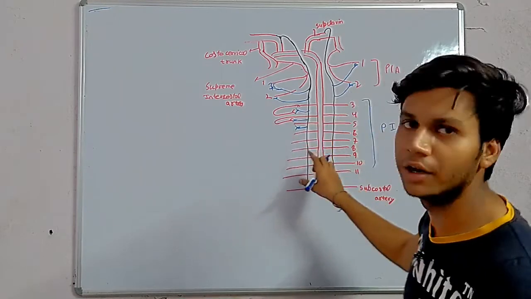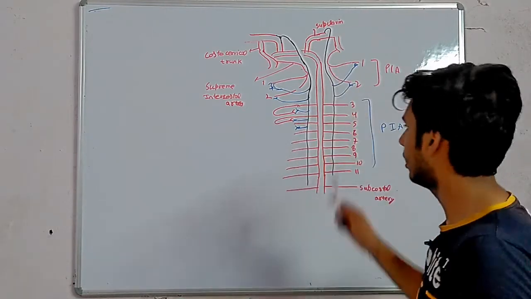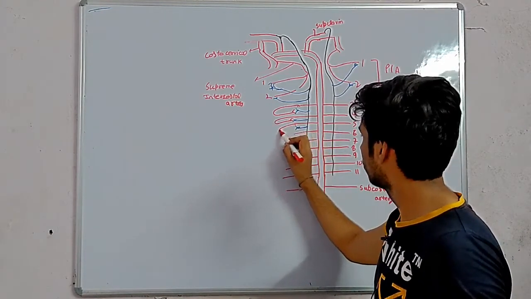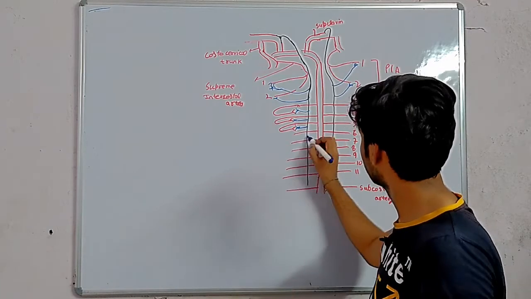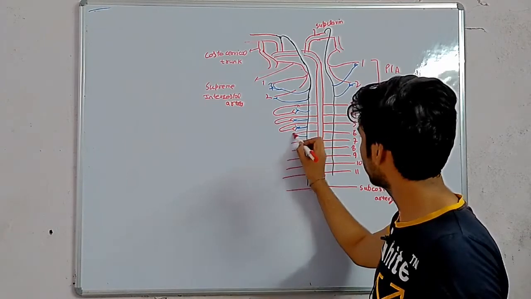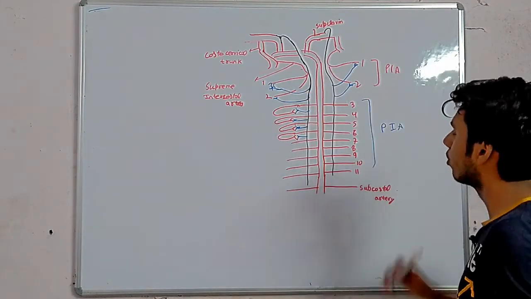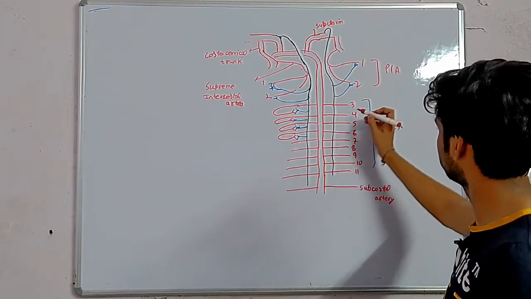These are all arteries. We are showing the anterior arteries with black and blue marker and the posterior arteries with red marker, for clarity. Only the first 6 intercostal spaces are supplied anteriorly by the internal thoracic artery. Same on the left side.